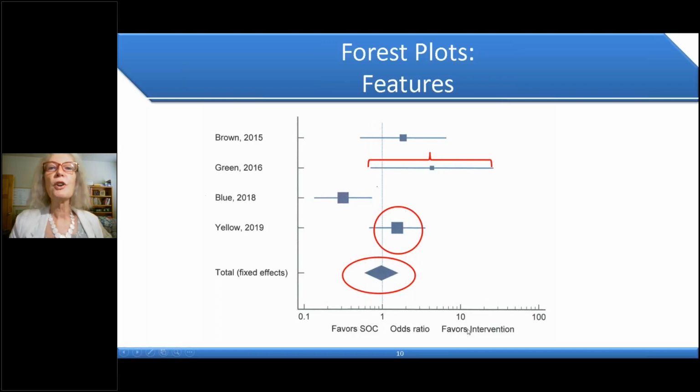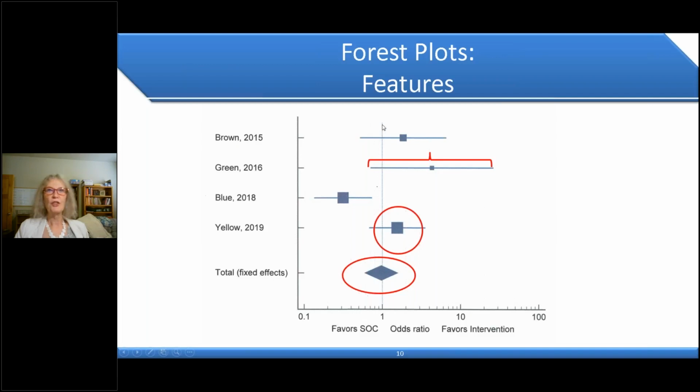On the bottom, you have your scale, and this one is done in odds ratio. If you're on this side, it says it favors standard of care, or whatever your control group is, and this is the intervention group. This is a log scale. You don't have to have it, but it's just done in this case. These are your studies on the y-axis, and this is your total fixed effects.